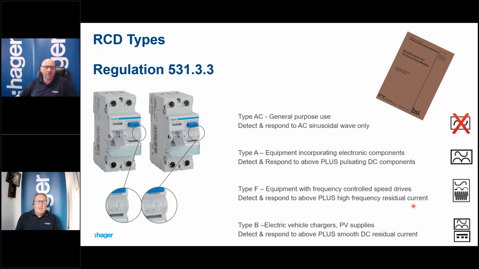So you have to really be clear with your magnifying glass, if you like, and actually look at the symbol or the letters on it, and that's how you would physically tell the difference. Obviously, the symbols and letters are even smaller on RCBOs, where it's only half that size, so it is really difficult to tell. But there will be some indication on it of what type of RCD it is.